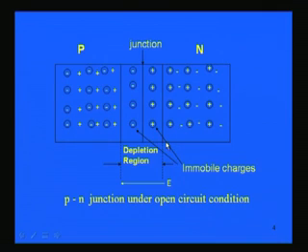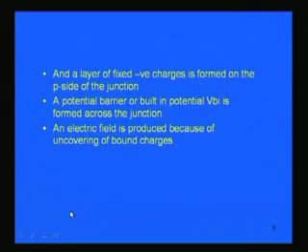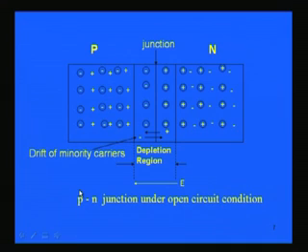But if you remember, there are also thermally generated minority carriers, which are the electrons on the p side and holes on the n side. These are thermally generated.